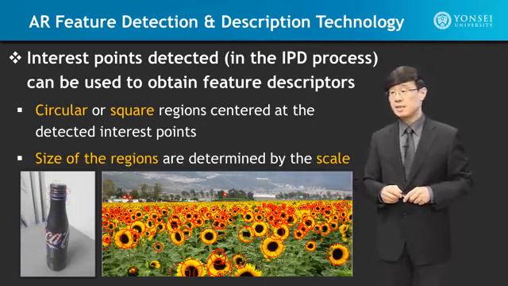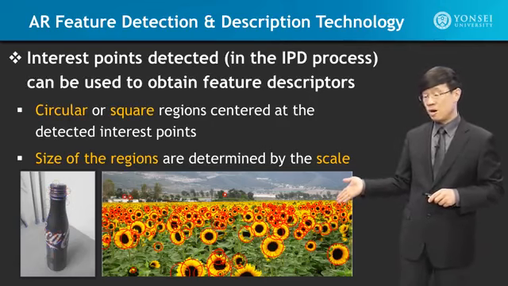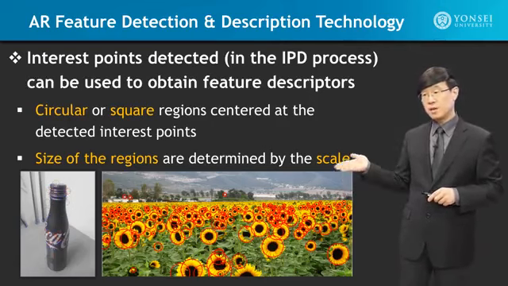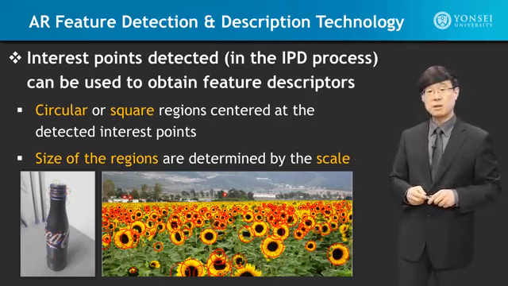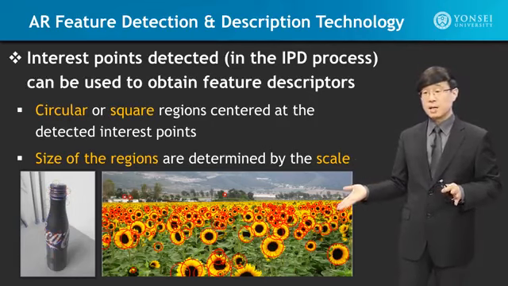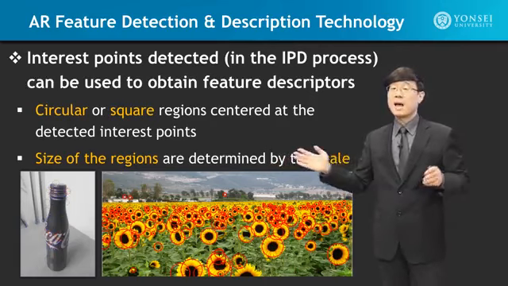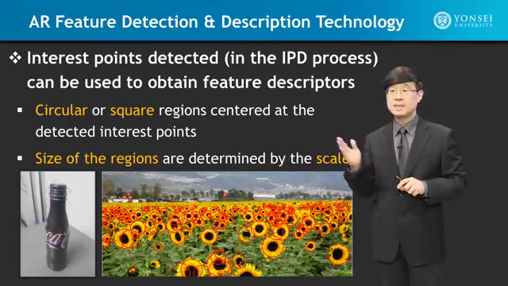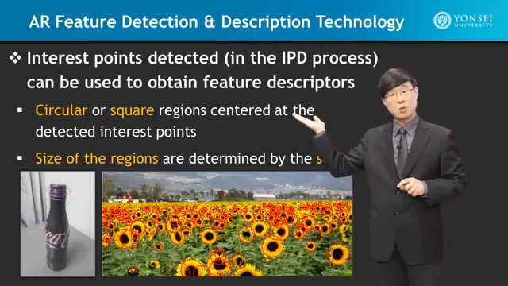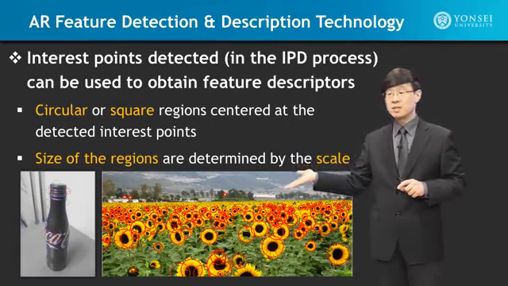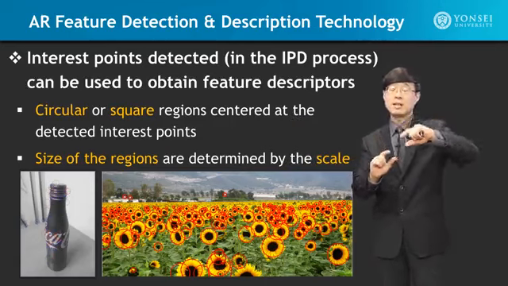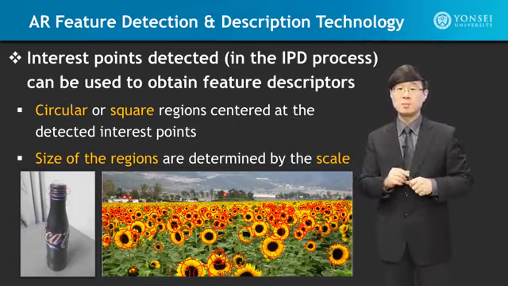In addition, you can see that the size of the circles fit the size of the regions based on their scale. So there are big circles and small circles. Circles are used in this figure as well as that figure as well. However, sometimes instead of circles you'll see squares that represent the object that is being identified.